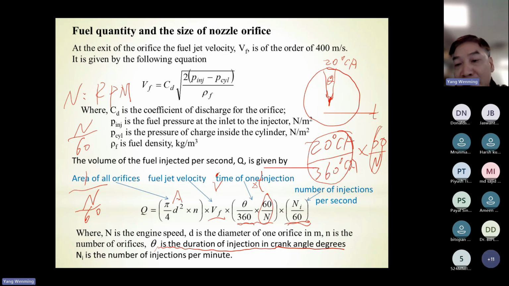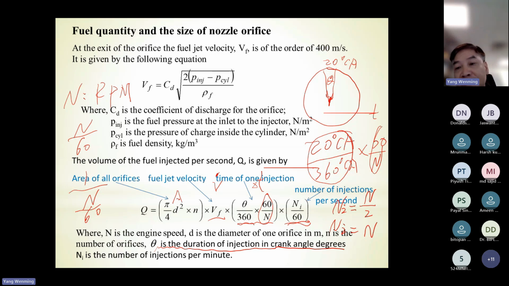N_i for 4 strokes equals half n. For 2 strokes, N_i equals n. It's the same as the engine speed. Why for 2 strokes is it n, and for 4 strokes is it half n, the number of injections?